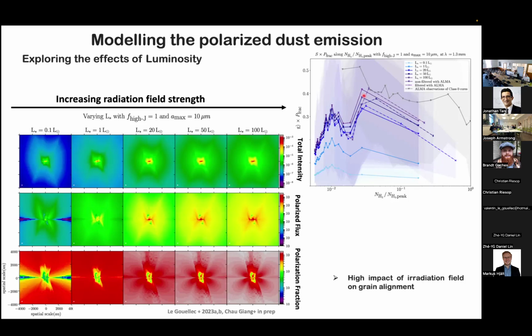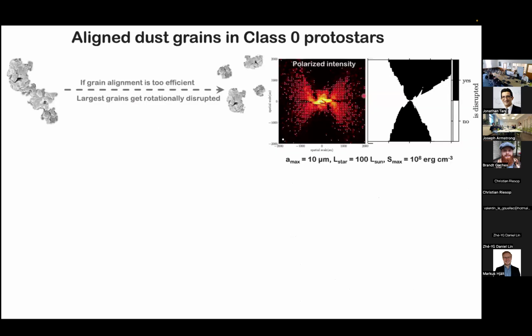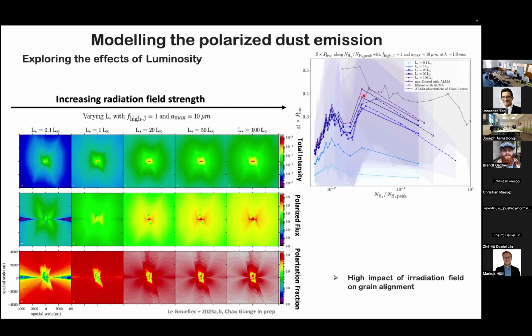So the grain alignment, the polarization that we observe in protostars, is actually an indirect trace of the accretion luminosity in the core, and therefore it's a super efficient diagnostic for the evolution of the object, and how the accretion evolves with time, for example. So just to say that polarization is a very interesting tool, because it is sensitive to many things, dust evolution and accretion properties.